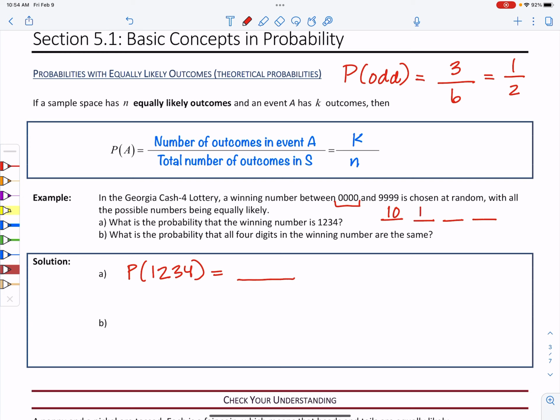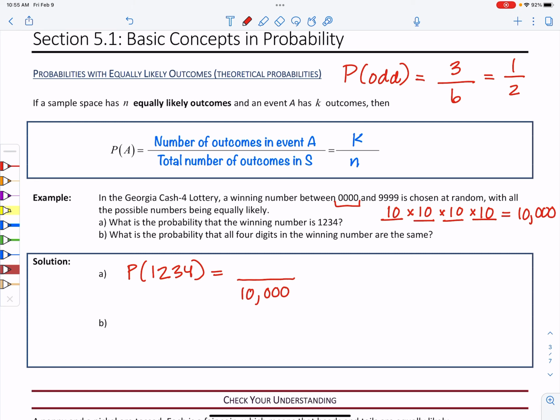So if there are 10 possibilities for each digit in this winning number, we can multiply those together to determine the total number of possible outcomes. If we were to list them all out, 0, 0, 0, 0, 0, 0, 0, 1, and so on. That total number of outcomes is always going to be on the bottom of my probability.